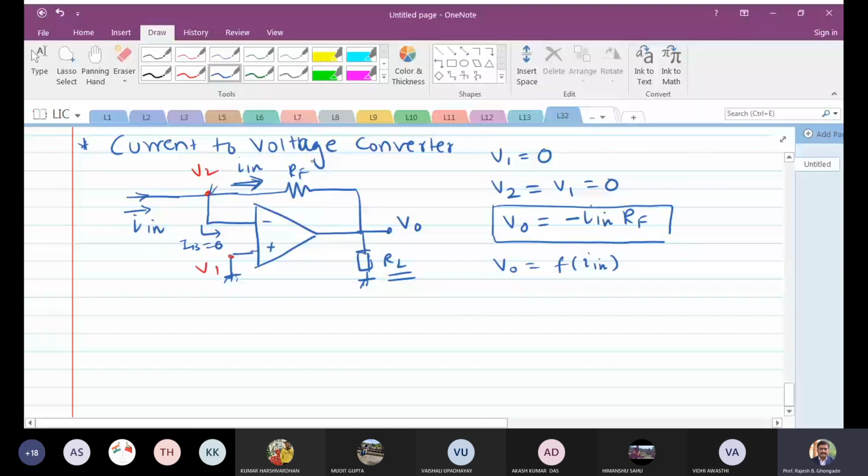So as I said, output voltage is a function of input current. So what do I get is an I to V converter. That's it. So this is how you can convert voltage to current and current back to voltage. With that, we have finished with the syllabus.